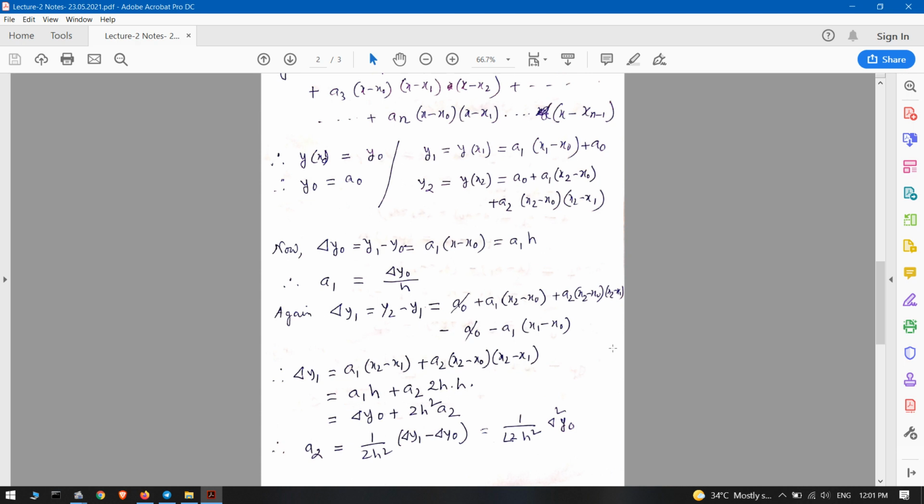That data set, that is for different values of x, that is x0, x1, x2, xn, corresponding values of y, y0, y1, y2, yn, this is given. From that given data set, now we are going to find out the expression for the function y of x, or you can say f of x.